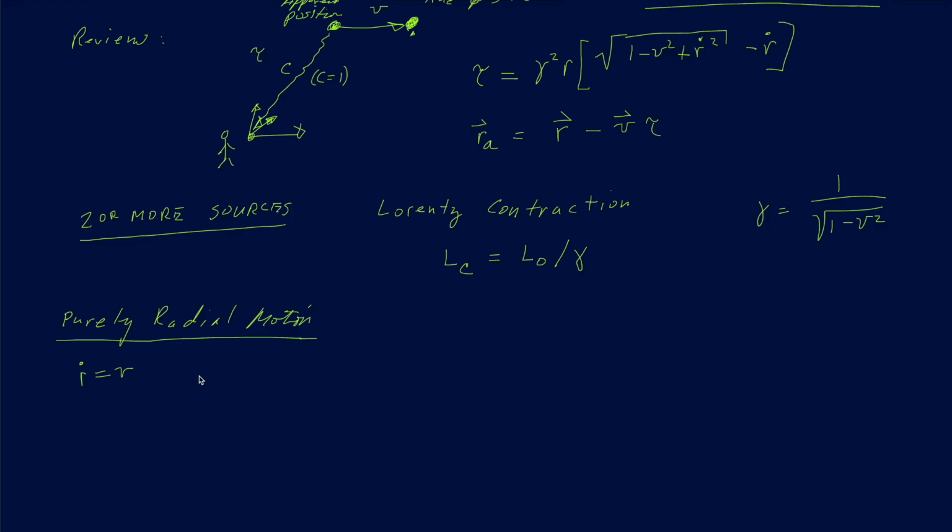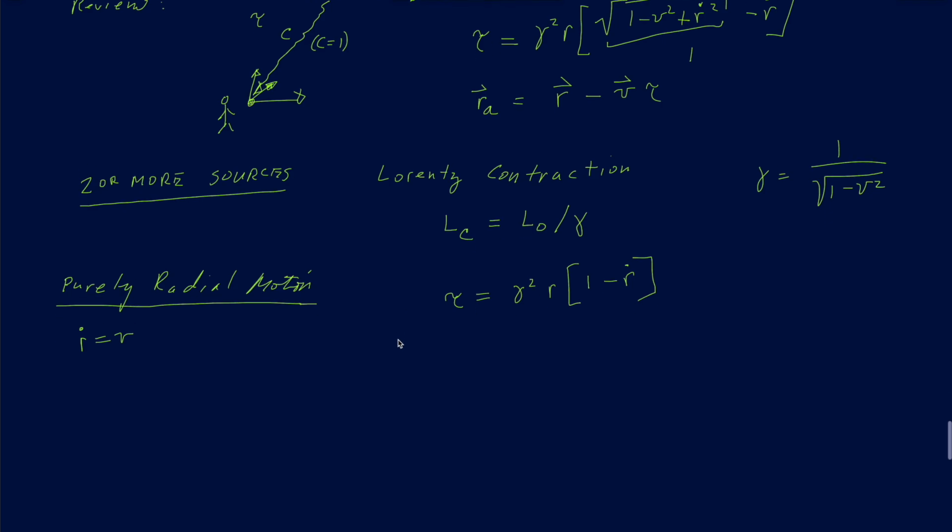Okay? Which is to say the radial velocity and the total velocity are one and the same. So that allows this thing to be simplified. In particular, these two terms cancel, and this whole thing just becomes 1. So we end up with tau equals gamma squared r, again, r is the current true position of the object, times 1 minus r dot. Okay?